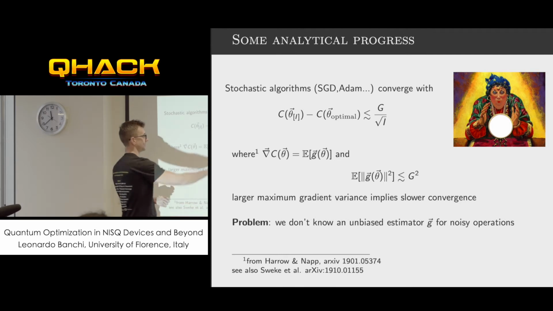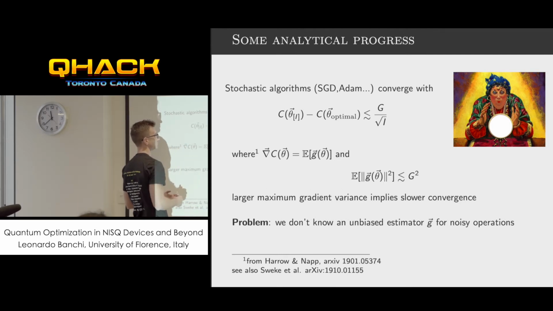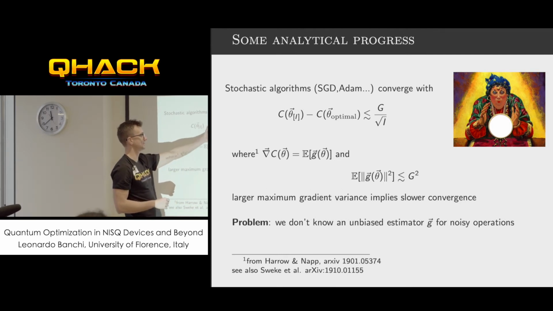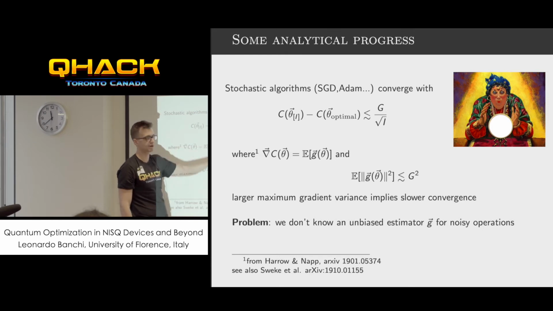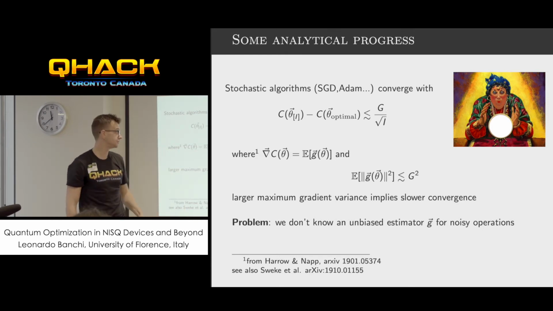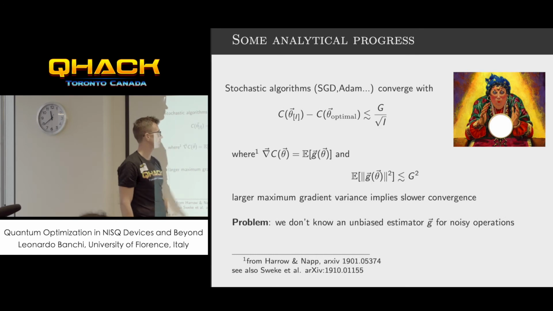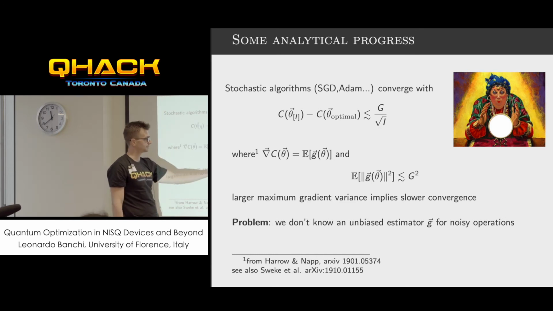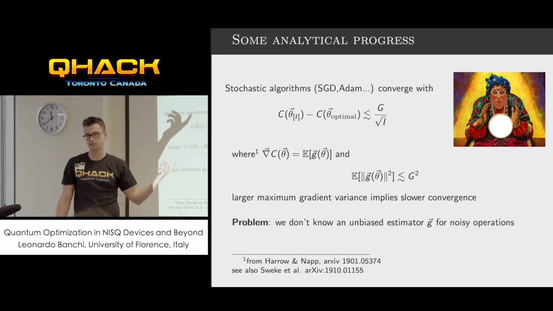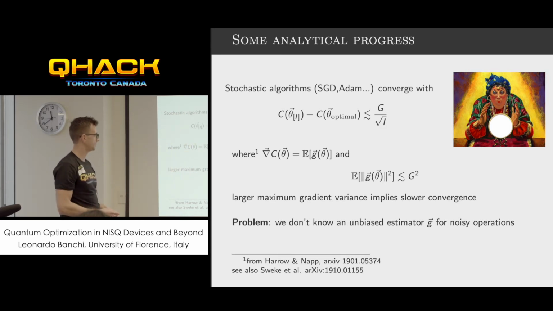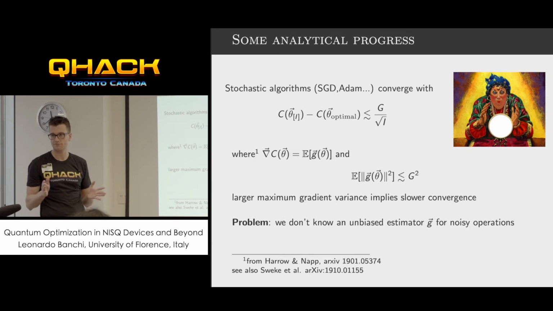The difference between your estimate of the optimum value and the true one decreases with the square root of I. And G is a quantity which basically describes the variance of the gradient estimator. This makes sense because if you have a gradient estimator which has a very large variance, then in principle you should expect a slower convergence.